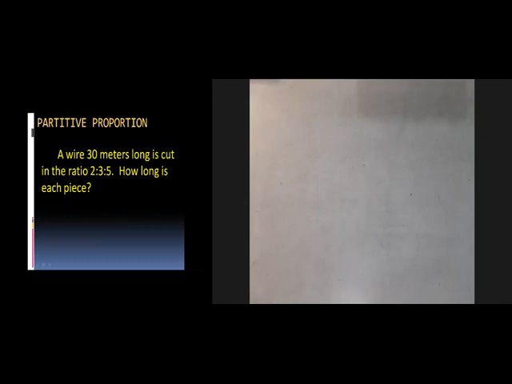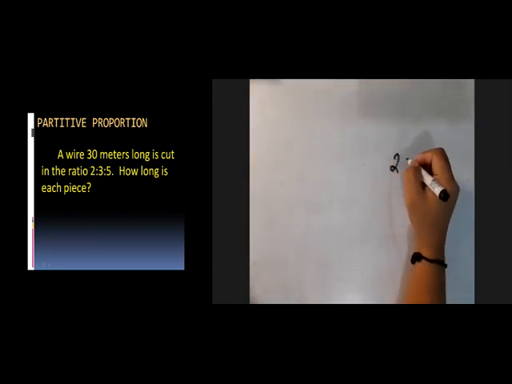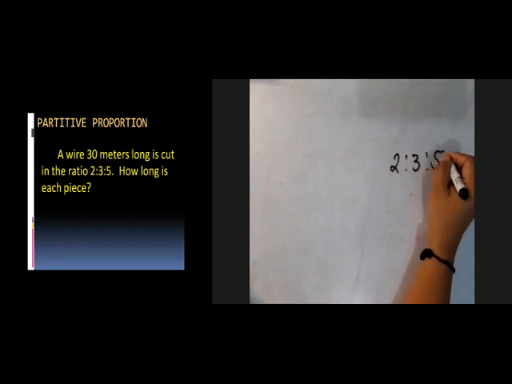Since we are asked to find how long is each piece, kailangan hanapin natin ano-ano yung length ng bawat isang piraso. Each piece. So, doon sa una natin, a quantity is divided into proportional parts, or parts proportional to a given ratio. Ibig sabihin nito, kung meron tayong ratio na 2:3:5, ilang terms yan?